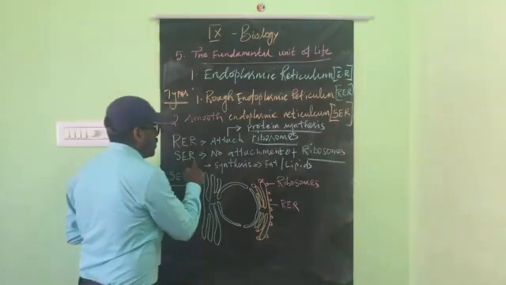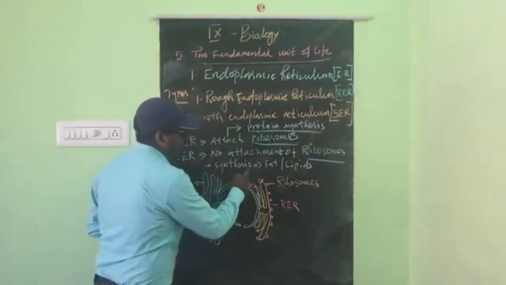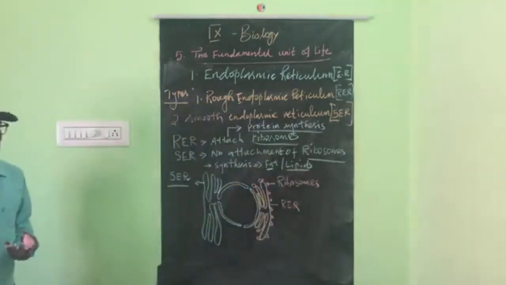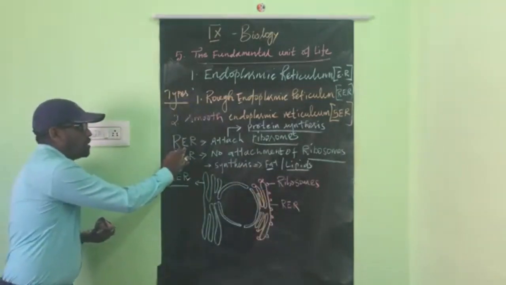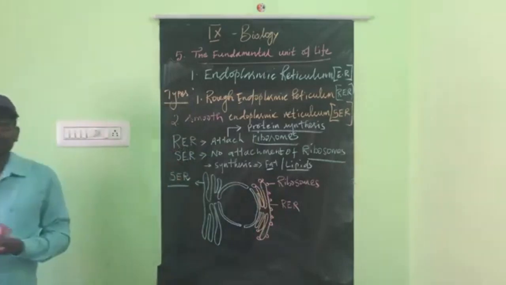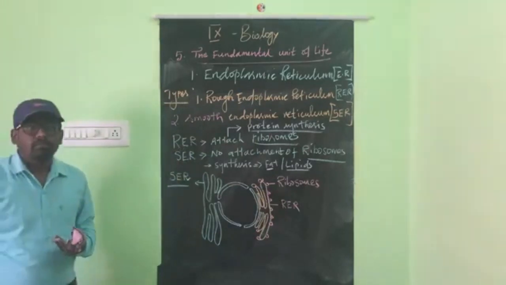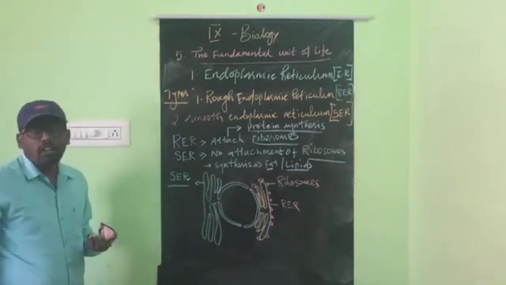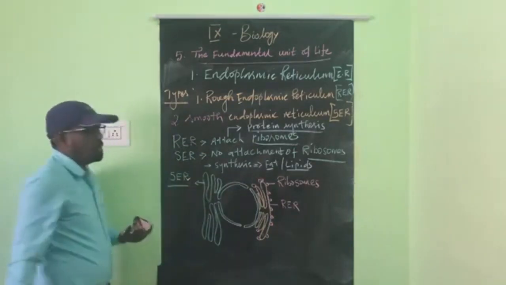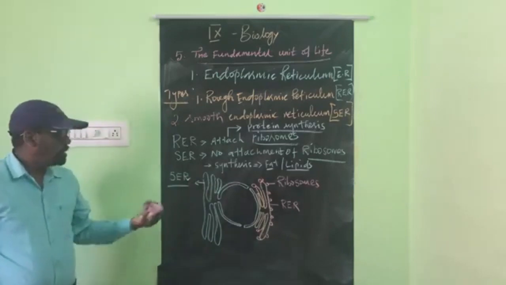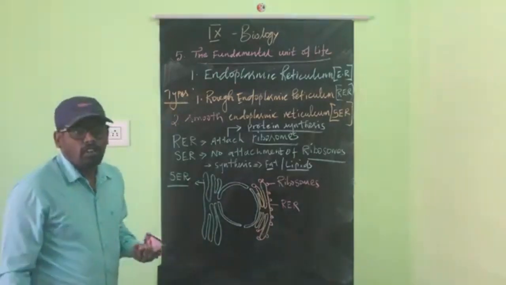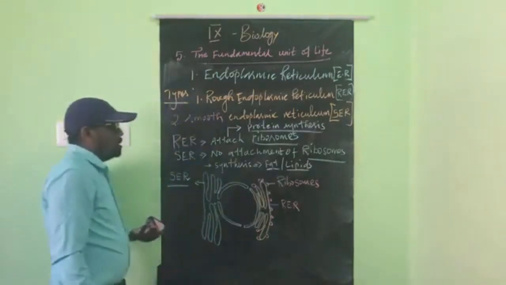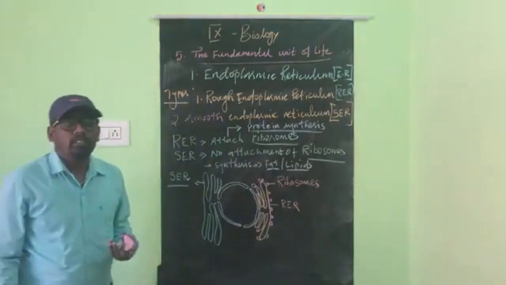The second one, smooth endoplasmic reticulum, is involved in the synthesis of fat or lipids. Don't forget the function of RER and the function of SER. Why is SER not involved in the synthesis of protein? Because no ribosomes are attached, so there is no synthesis of protein. Instead, it is involved in the synthesis of fat or lipids.